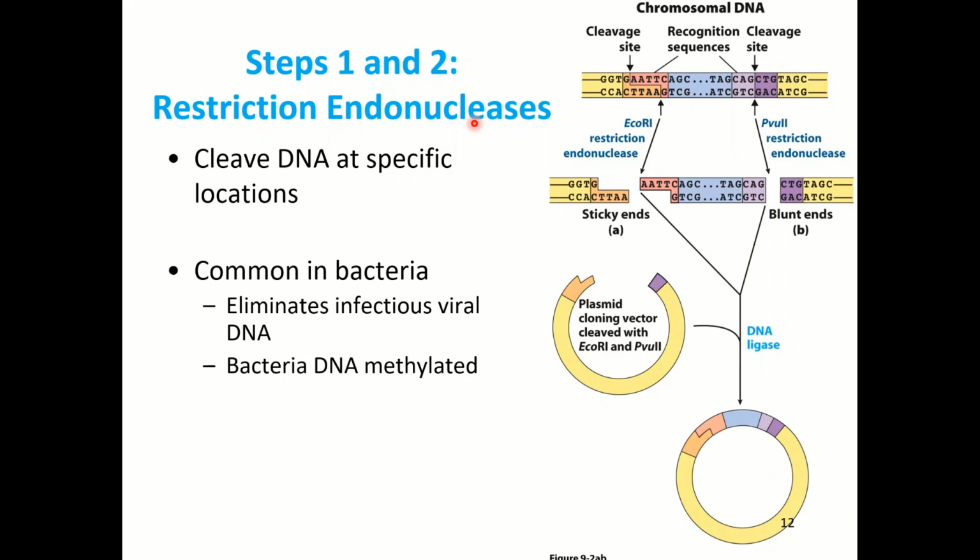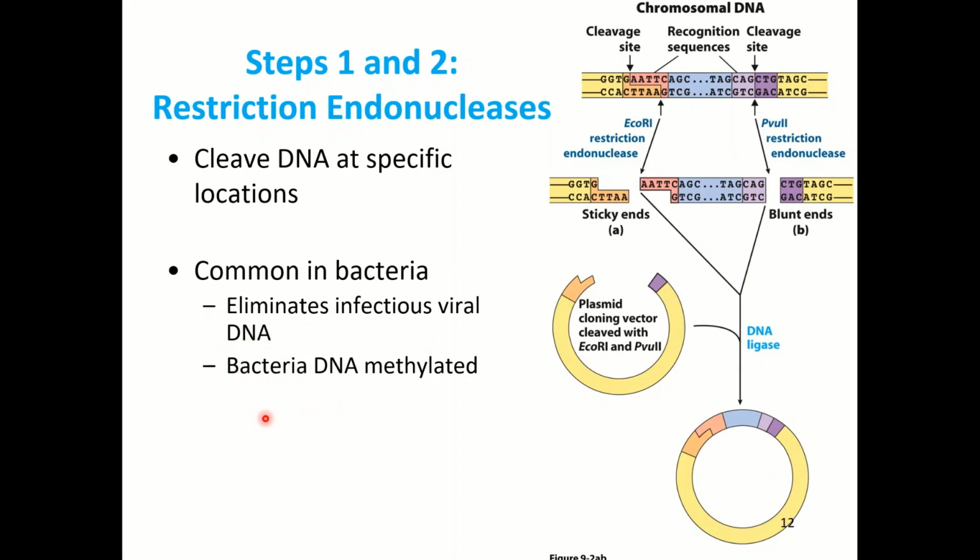The first step, the restriction endonucleases, cleave DNA at very specific locations. They're common in bacteria. That's where they were first isolated from. What they do in bacteria cells naturally is eliminate things like foreign DNA, like infectious viral DNA.